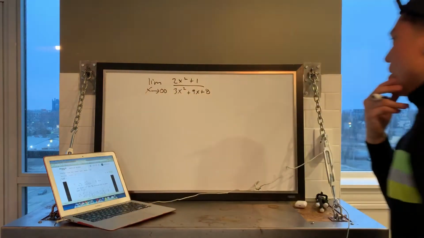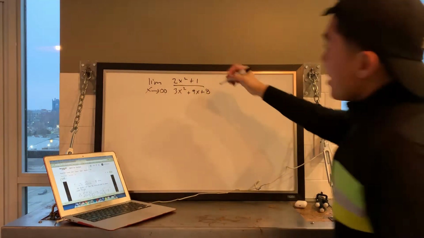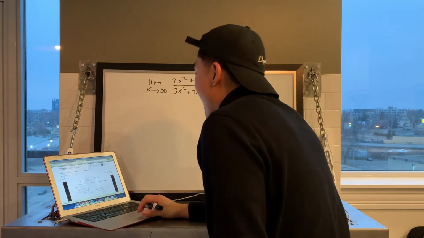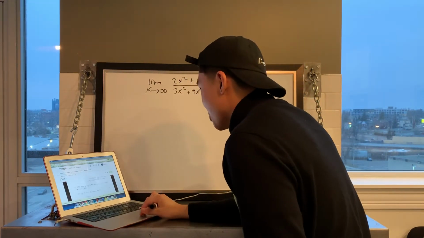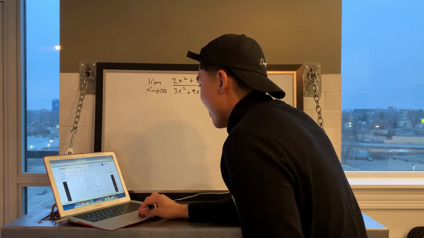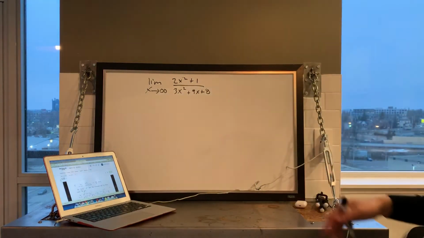Okay? That's a squared, by the way, pardon me. Thing is, this is the one strategy where you want to factor the highest power of x in the numerator and denominator. So in this case, it'd be x squared.